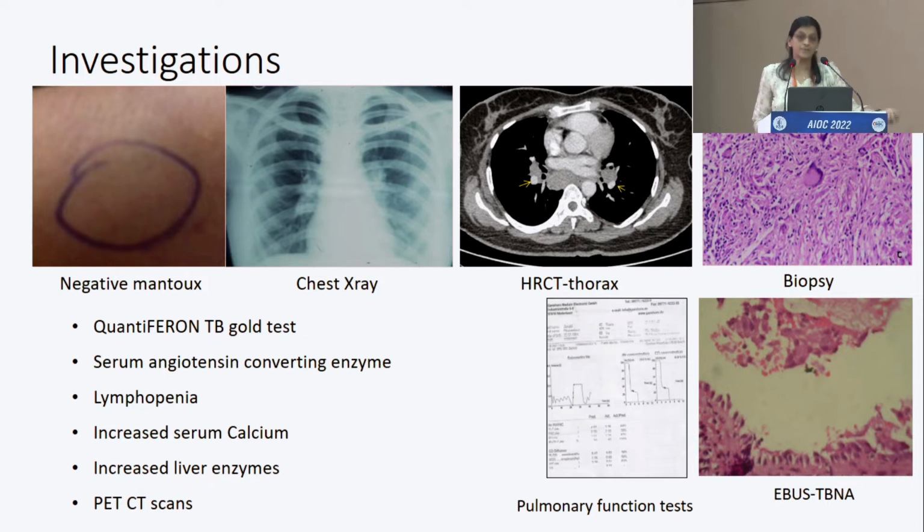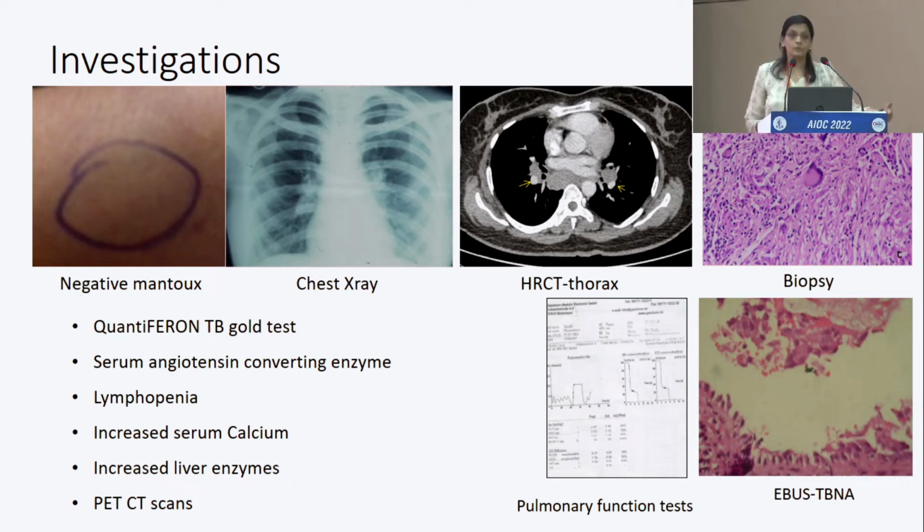And sometimes renal sarcoids are associated with increased serum calcium. Liver sarcoids are associated with increased liver enzymes, and of course many of them are picked up asymptomatically on PET CTs as well. Ideally, it is always better to biopsy whichever tissue is available for a definitive diagnosis, and this can be either from the skin or the orbit or from the lung in the form of EBUS TBNA.